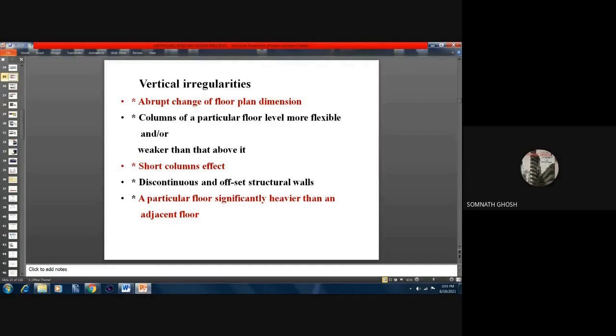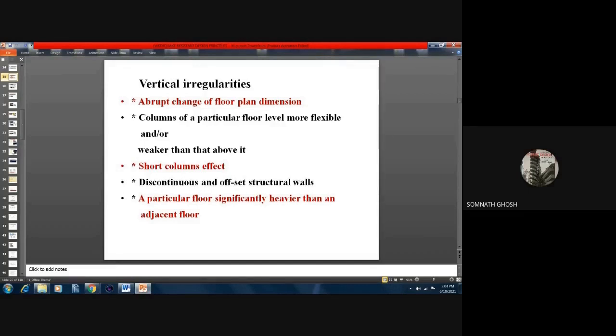Suppose column size is the same, but in between one floor is not there. Obviously in that particular zone, the column will be extremely flexible. It may be weaker than the above floor. Top story.